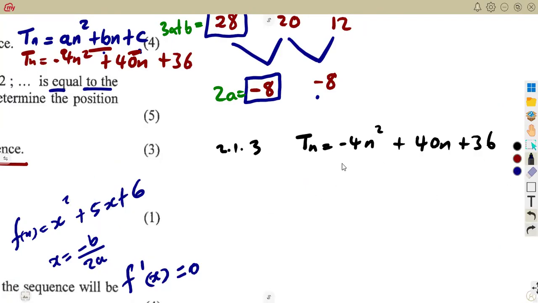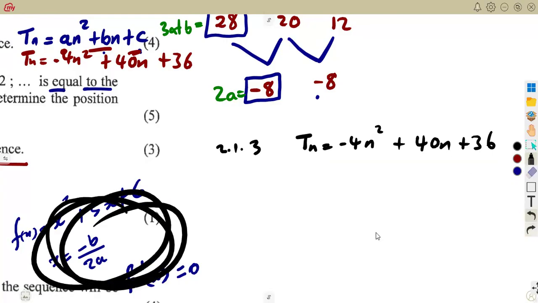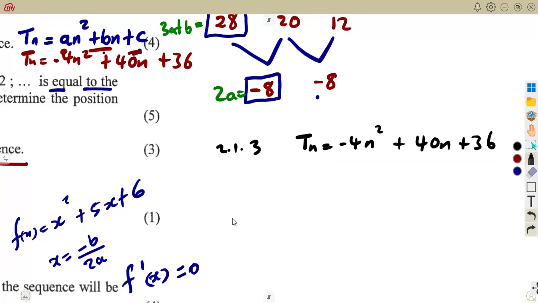Here we are referring to a quadratic sequence. The pattern, the formation, it's of a quadratic, so it follows the same path of a quadratic. Meaning to say, at the maximum value, instead of using x, like we do when dealing with functions, we are going to consider n.